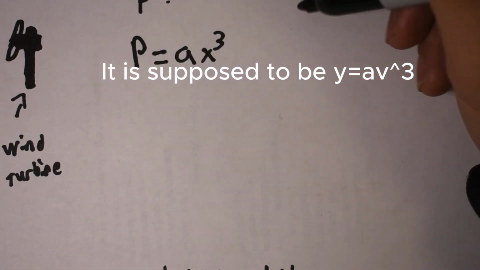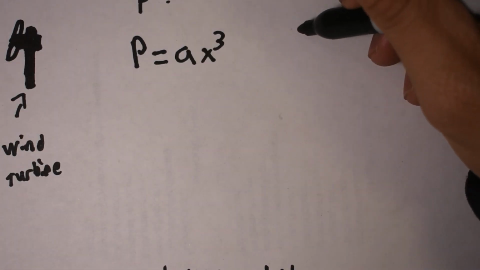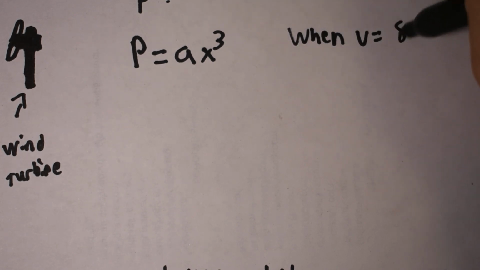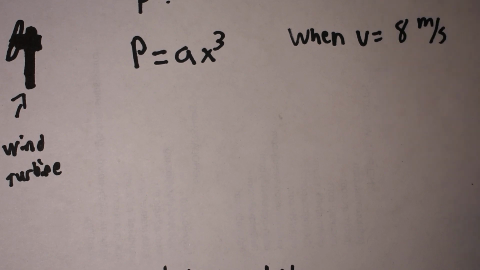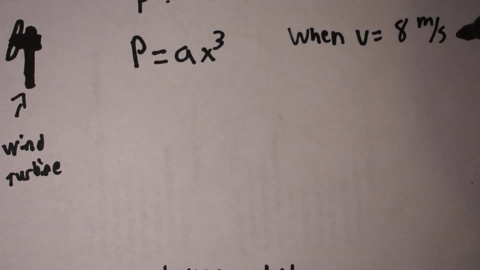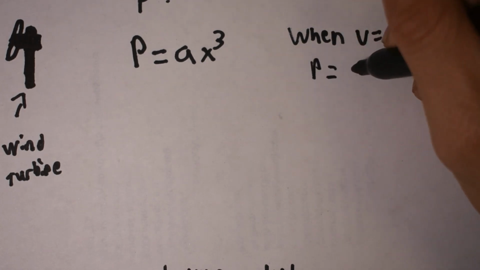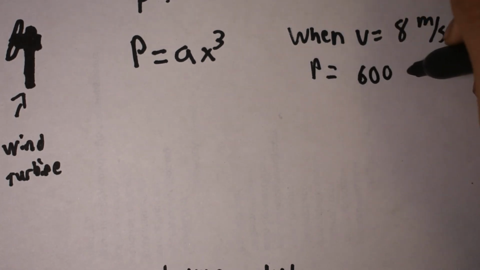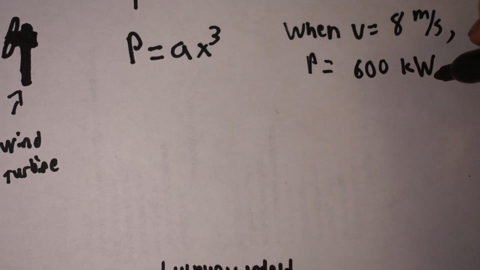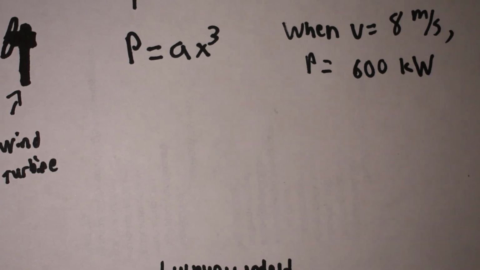And also, let's just say that we knew that when the wind speed is 8 meters per second, so it's flowing at a rate of 8 meters per second, the electric power is equal to 600 kilowatts. Which, I'm a pure mathematician, so I actually don't really know if that's a lot or not. I'm just going to assume it's groundbreaking stuff.